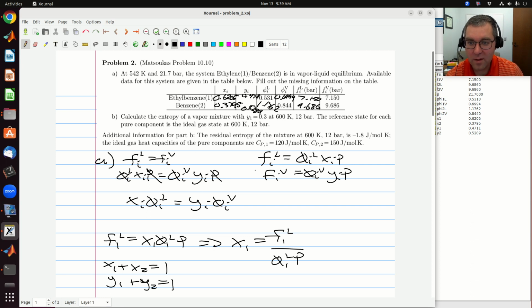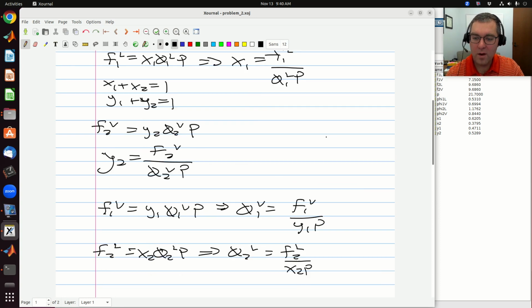B says calculate the entropy of a vapor mixture with y1 equals 0.3 mole fraction at 600 Kelvin and 12 bar. The reference state for each pure component is the ideal gas state at 600 Kelvin and 12 bar. So the reference states are pure ideal gases at the same temperature and pressure. Additional information that we're given is the residual entropy at the same temperature and pressure, and ideal gas heat capacities of the pure components, which are taken to be constant.